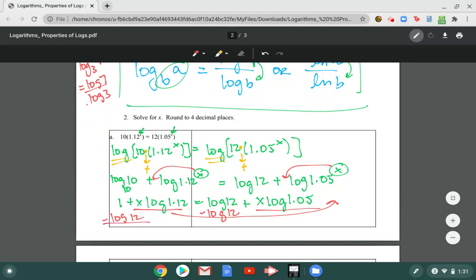So moving everything around a little bit. So I'm going to have my numbers on this side. 1 minus log 12 is equal to, then I have my two x terms on the other side. x log 1.05 minus x log 1.12.